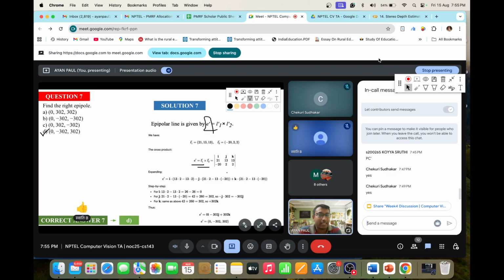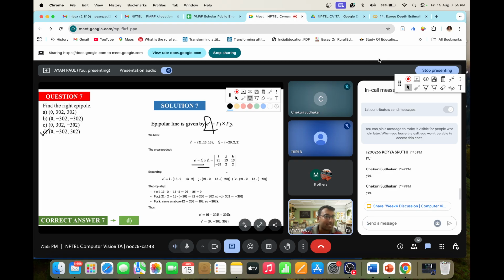So again, let me repeat what was in the question. We have been given a fundamental matrix. In the sixth question we are given 2 points in the left image plane, and we have been asked to find the epipolar lines in the right image plane.